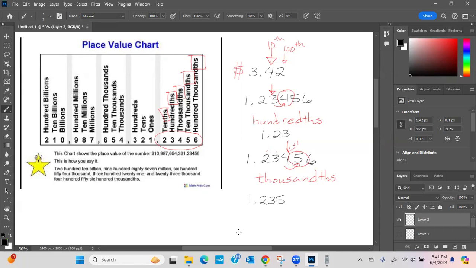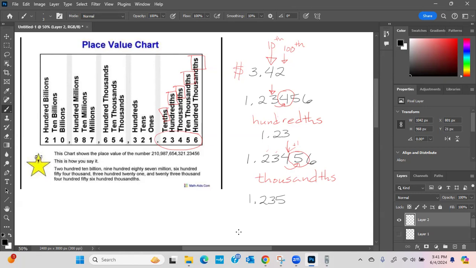Look at the number to the right. If the number to the right is 5 or larger, then the number in the position we're interested in gets bumped up by 1. And everything to the right of that either becomes 0 if it's to the left of the decimal, or gets dropped off if it's to the right of the decimal.